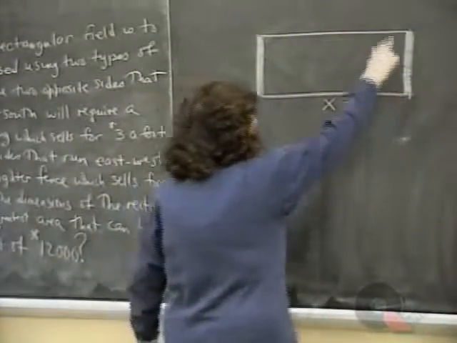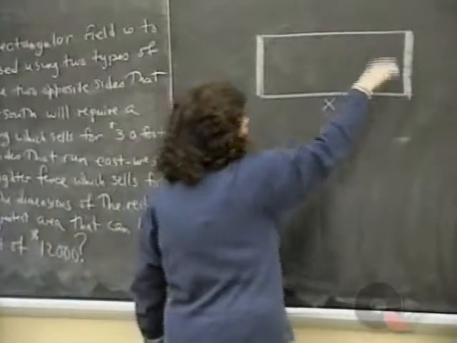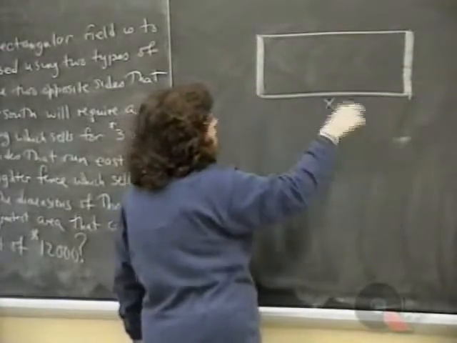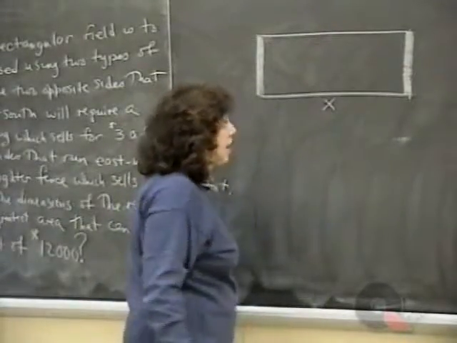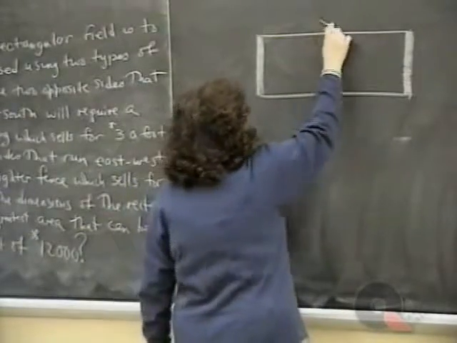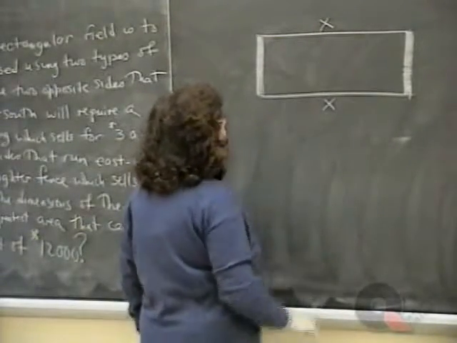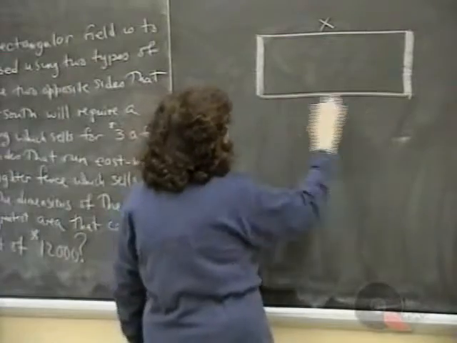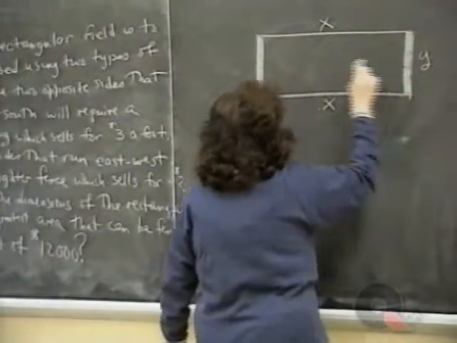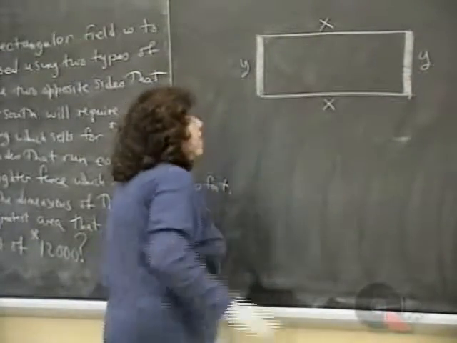So we have the heavier fencing running north and south. Those are the vertical fences that we have here. The horizontal sides are the lighter fencing. The dimensions are going to be X for the sides that are running east-west, and Y for the sides that are running north and south.